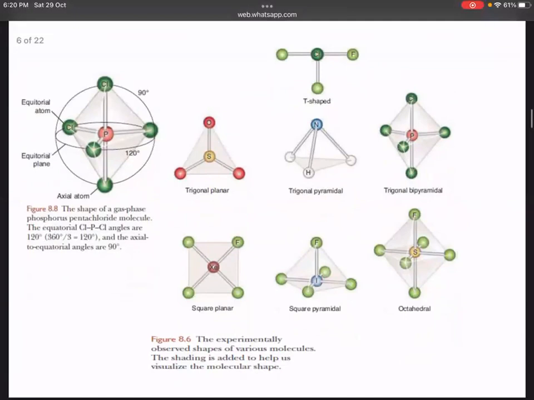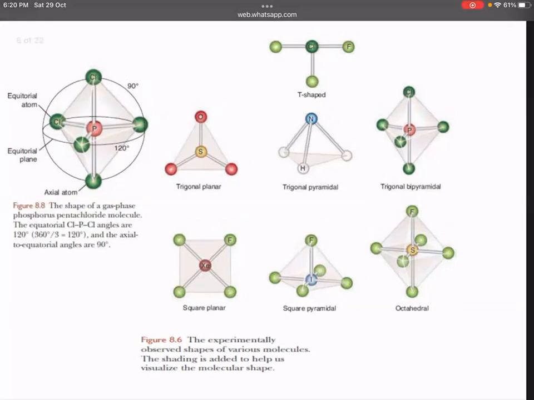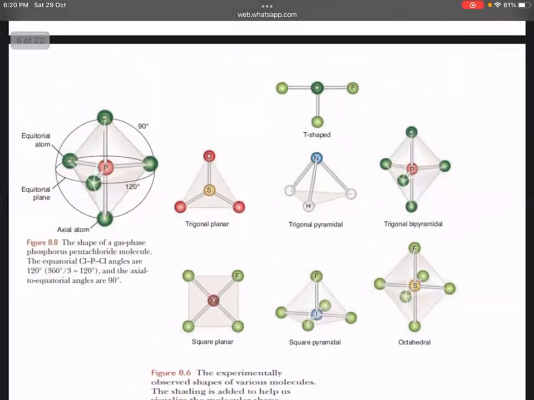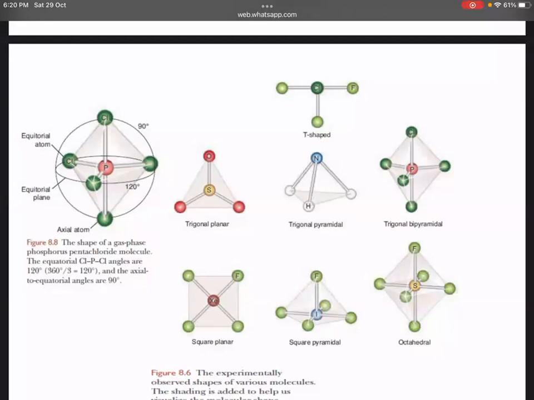Okay. So triangular planar. If you take sulfur dioxide, yellow is the sulfur, and 3 oxygen atoms in the red color.